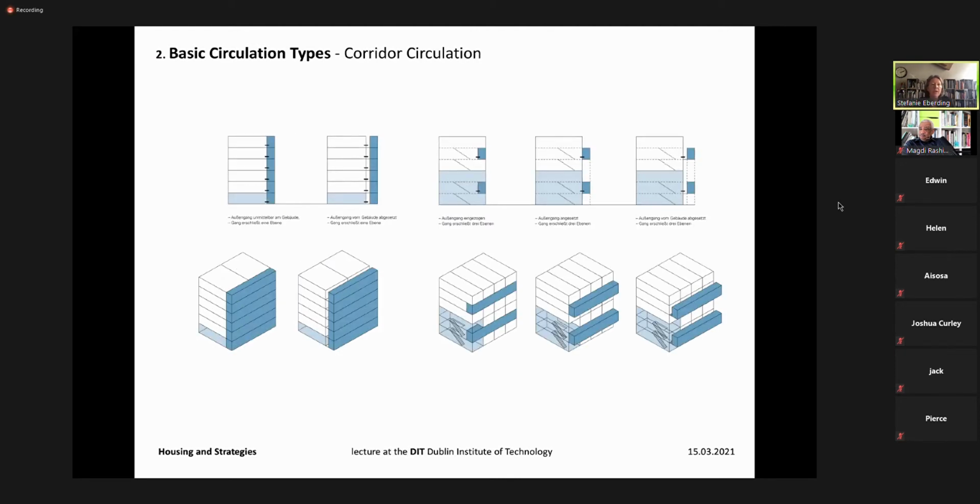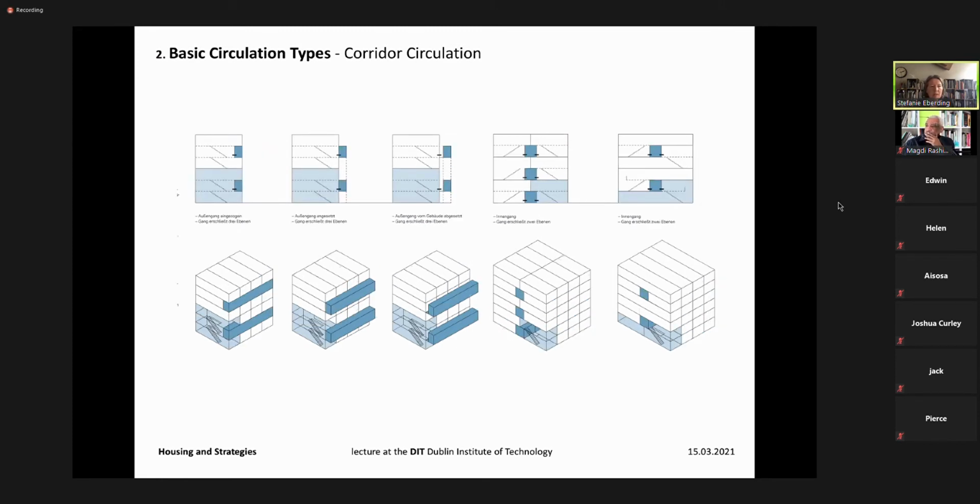For the horizontal type of circulation, we call it corridor circulation. You have either an outside or an inside corridor where you can access your residential units, and there are various types of horizontal circulation.